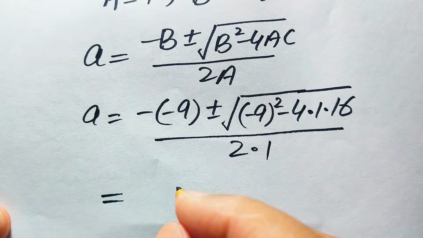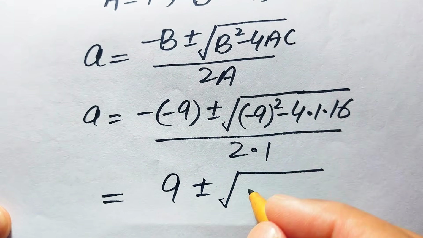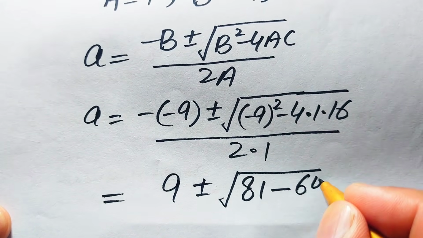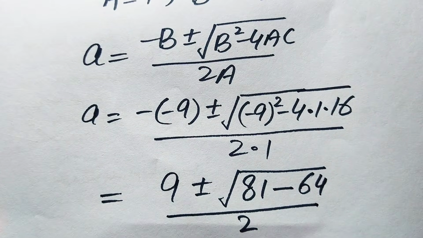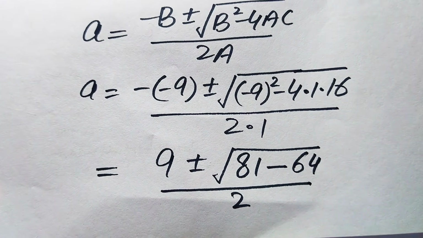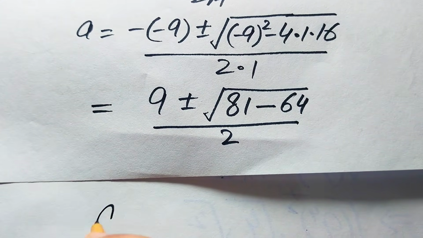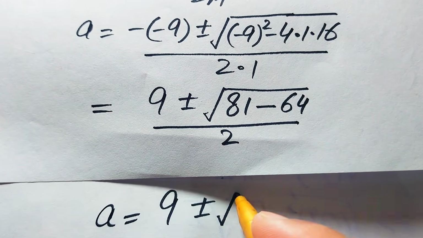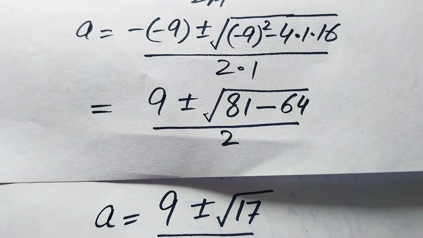Further, minus times minus becomes plus 9, plus or minus the square root of minus 9 squared becomes 81, minus 4 times 16 equals 64, divided by 2 times 1 equals 2. When we subtract this value we get a equals 9 plus or minus the square root of 17, divided by 2.